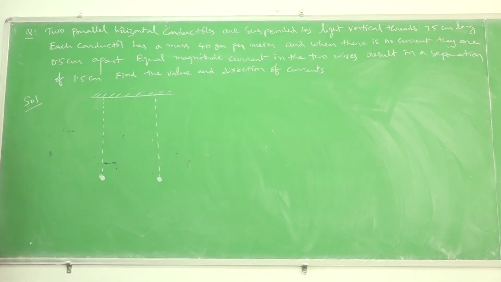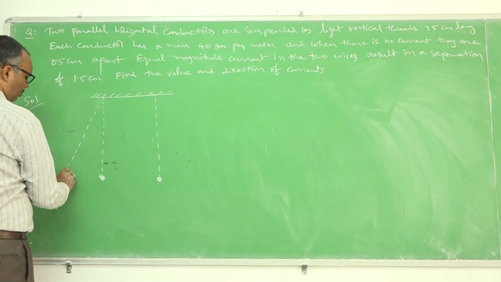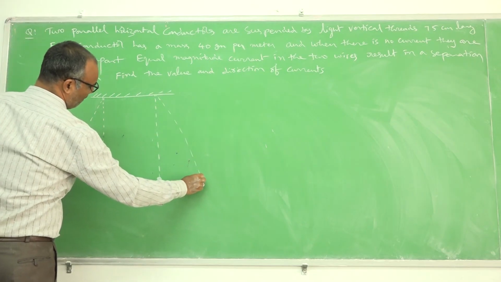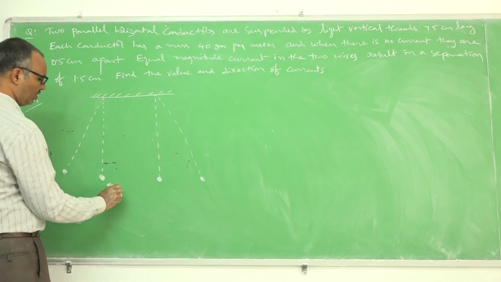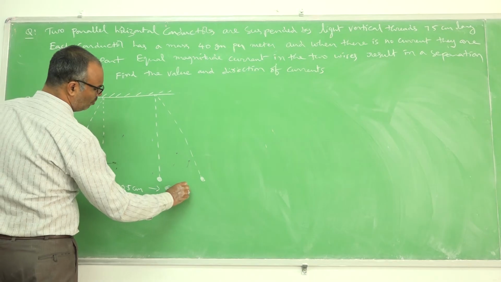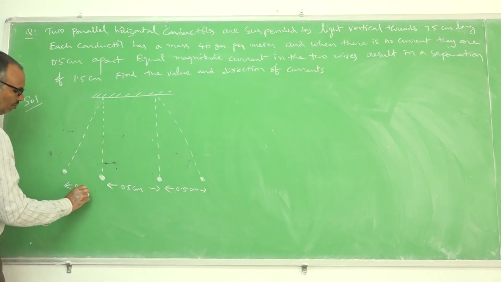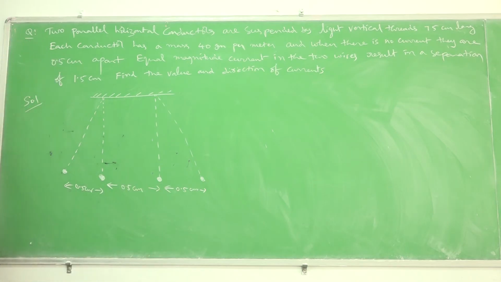When currents are passing through them, their separation increases. This is the new separation of the two conductors. Old separation is 0.5 centimeters. It is moved through 0.5 centimeters. It is also moved 0.5 centimeters. Total separation becomes 1.5 centimeters.